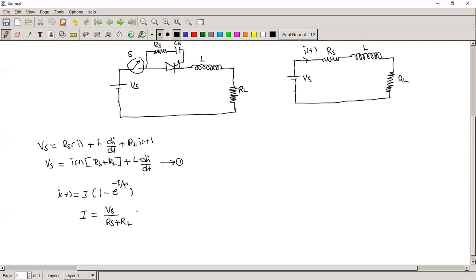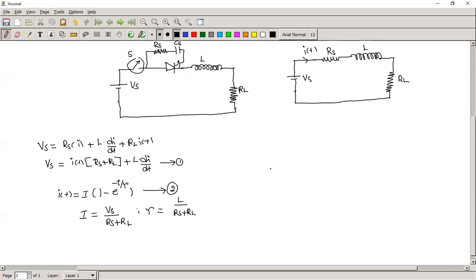Tau is nothing but the time constant of the circuit, that is L by (Rs plus RL). This is the expression for the current passing through the circuit at the instant the switch is turned on.